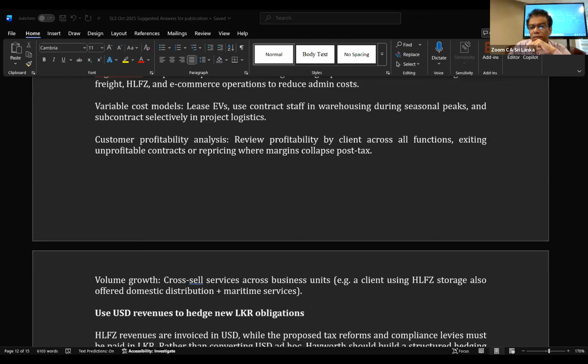So, sir, can you explain free cash flow to equity and related things a little bit? The students want to see free cash flow to equity.